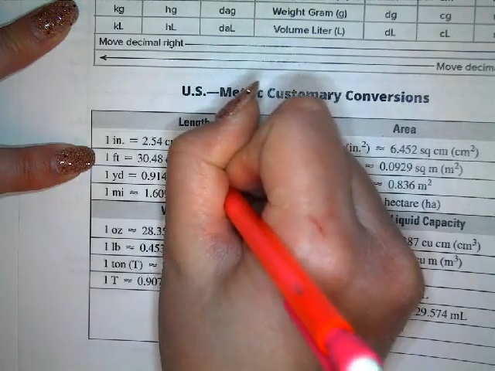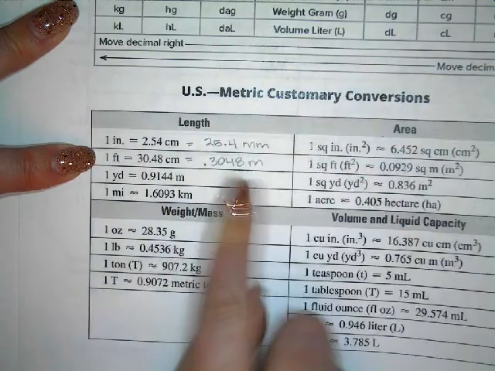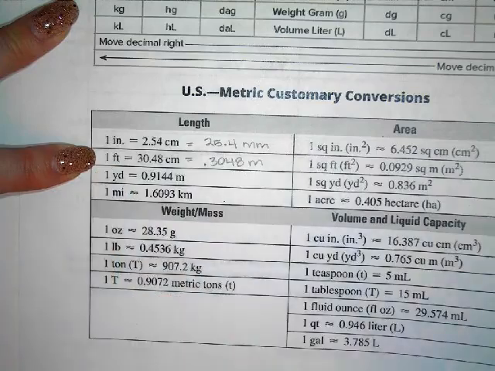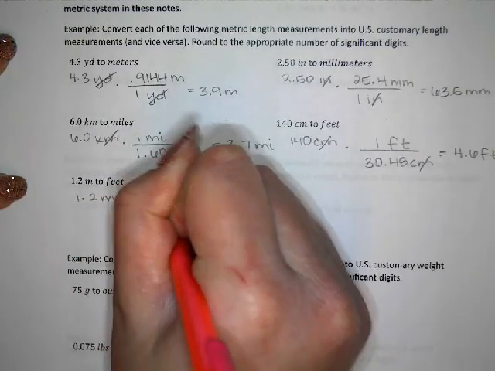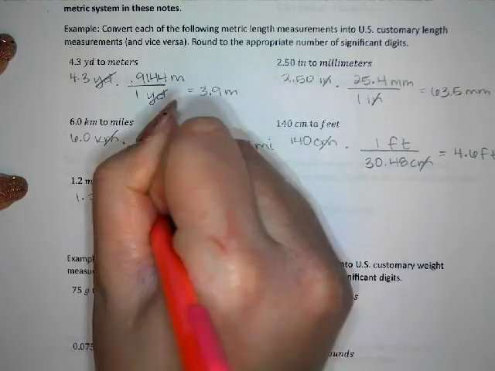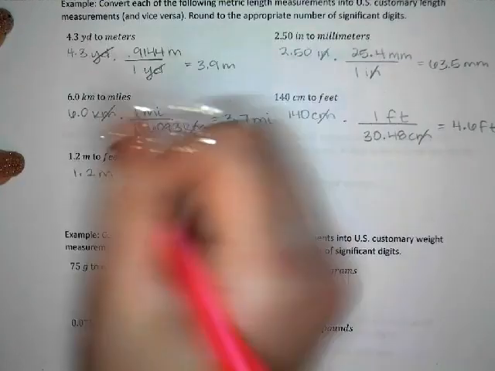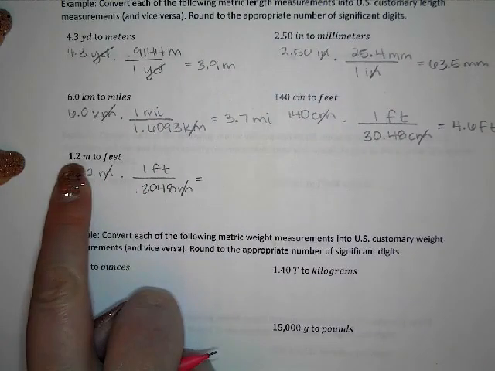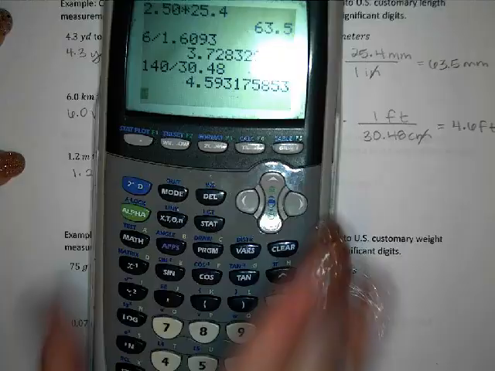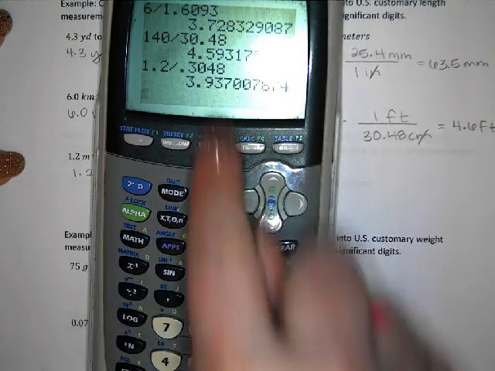So 0.3048 meters is equivalent to 1 foot. And so the meters are going to cancel. I can see from my original number that I have 2 significant digits here, and so I'm going to have 2 significant digits in my answer: 3.9.